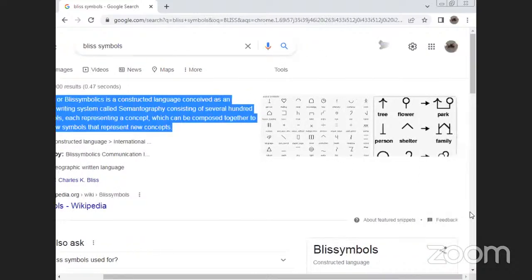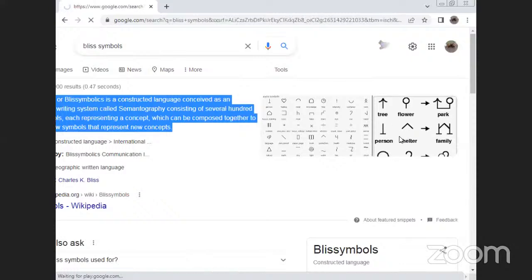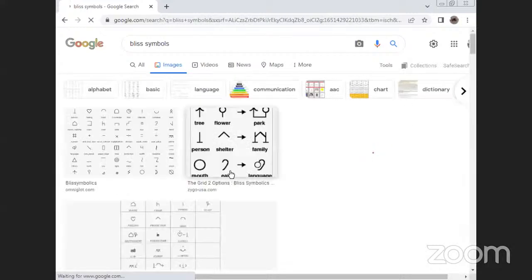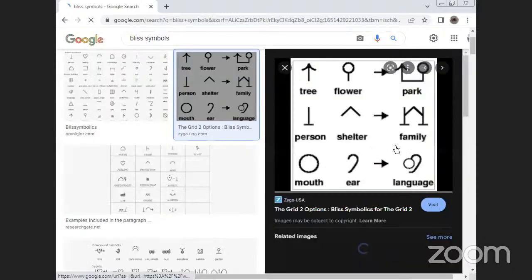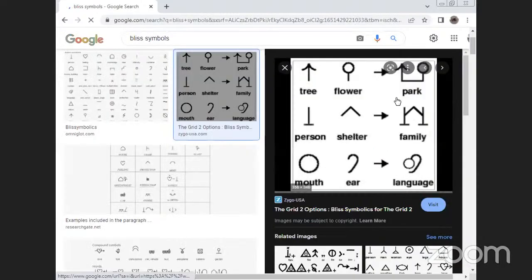And as you can see, towards the far right of the screen, there are symbols that are used there.